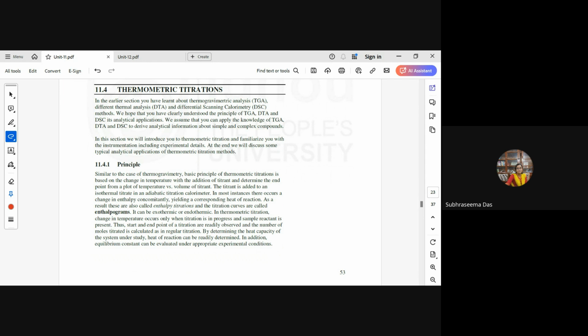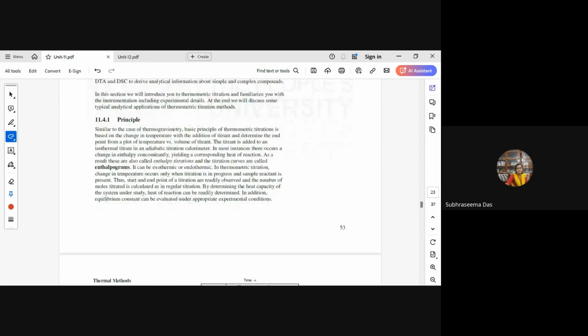So now applying all the principles of these three instruments and the concept of thermogravimetry, we will go on to understand what thermometric titrations are.